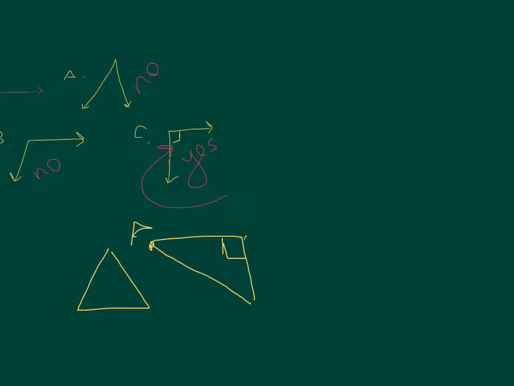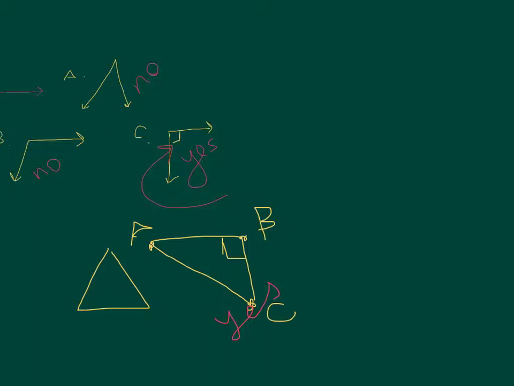We're going to label this triangle A, B, and C. I want you to tell me, does this have a right, or is it a right triangle? If you said yes, you're correct. It is a right triangle.